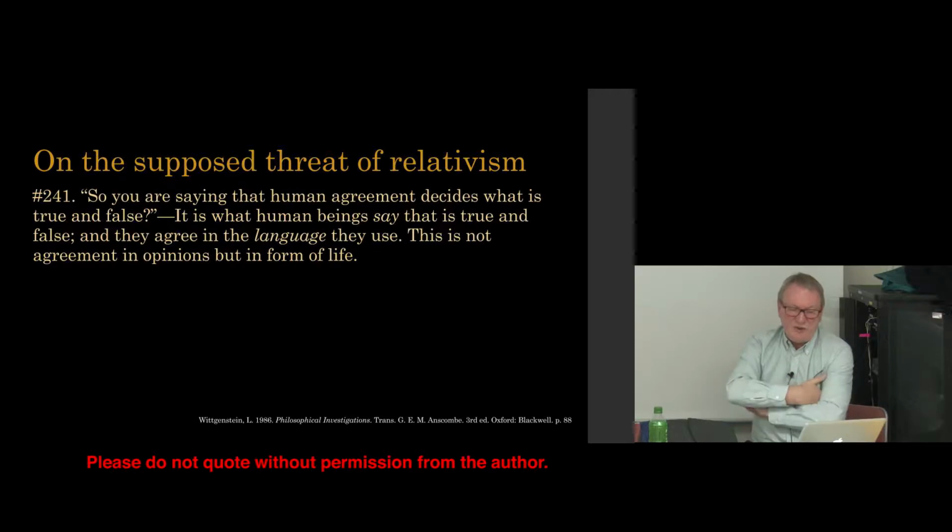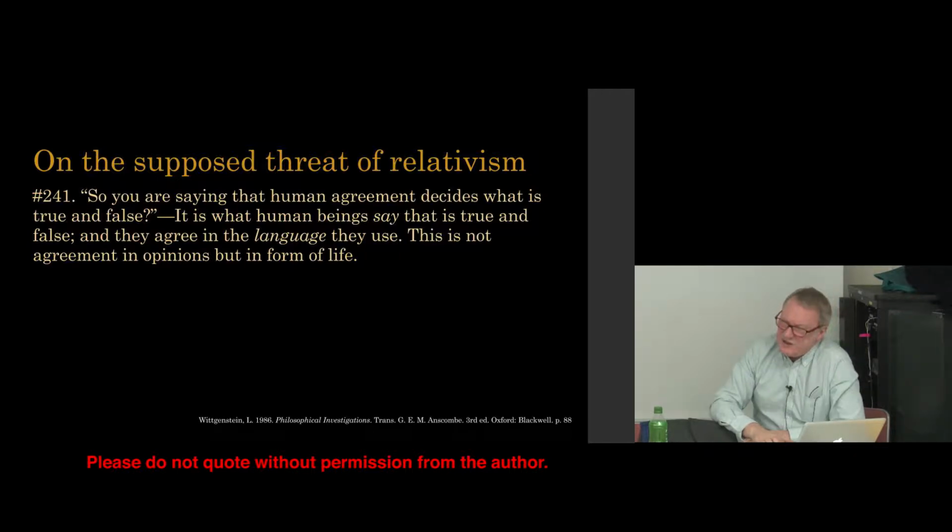And he says at one point, and this is someone questioning him as it were, you are saying that human agreement decides what's true and what's false, as though people sit around and discuss what is true and false. And he says, it is what human beings say that is true and false, and they agree in the language they use. This is not agreement in opinions, but in form of life.